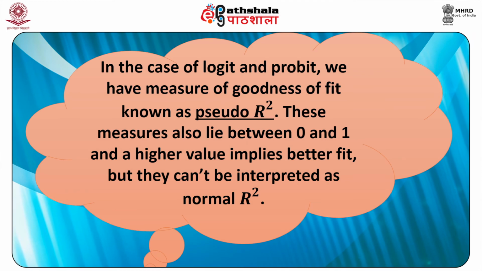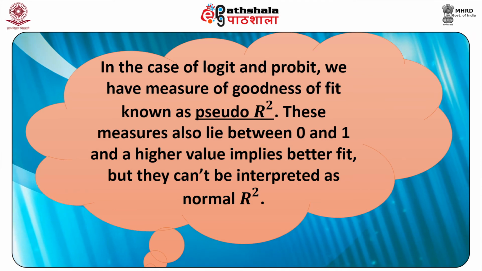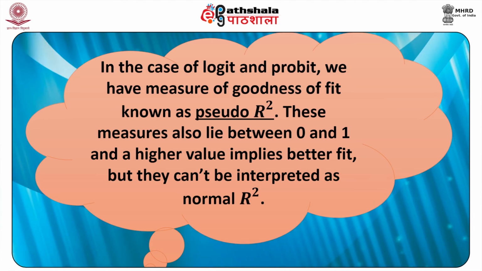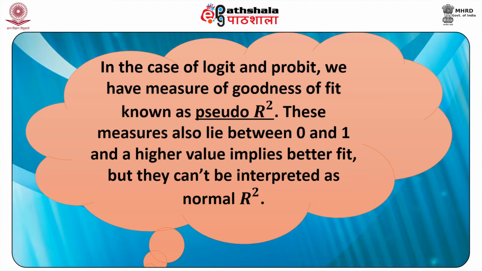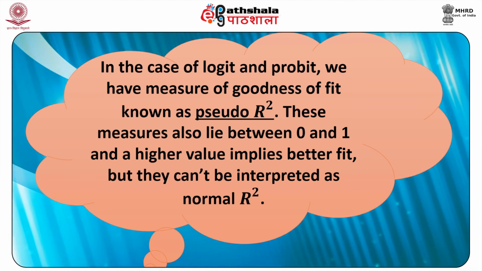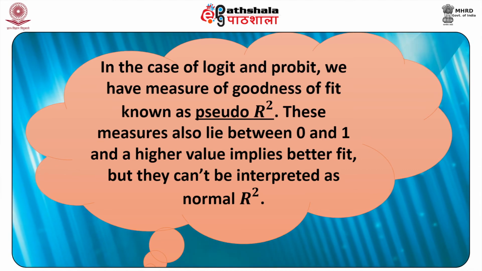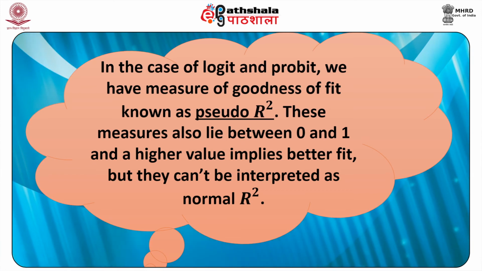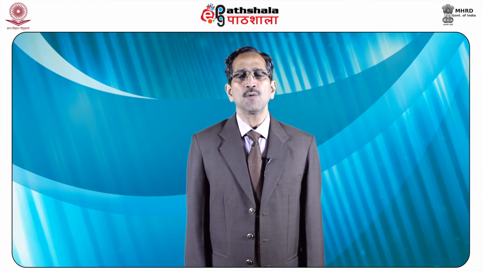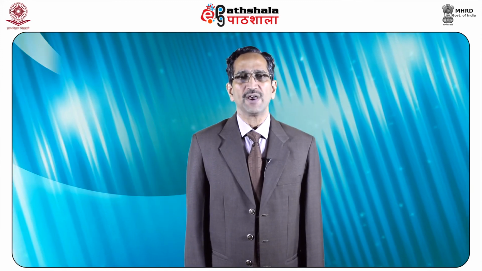Therefore, in the case of Logit and Probit, we have measures of goodness of fit known as pseudo R square. These measures also lie between 0 and 1, and a higher value implies better fit, but they can't be interpreted as normal R square.